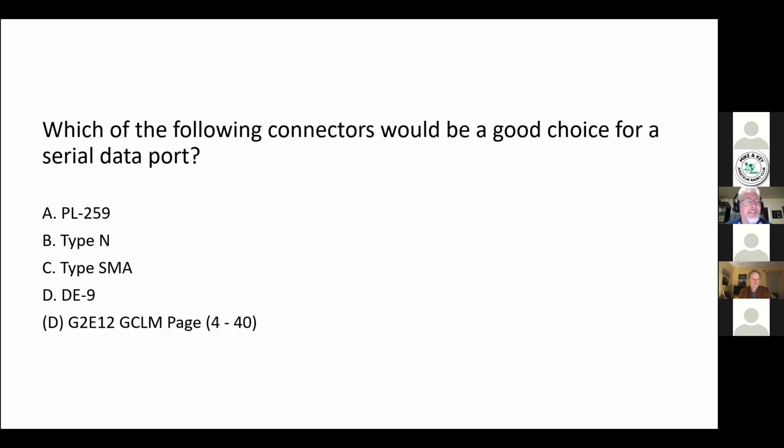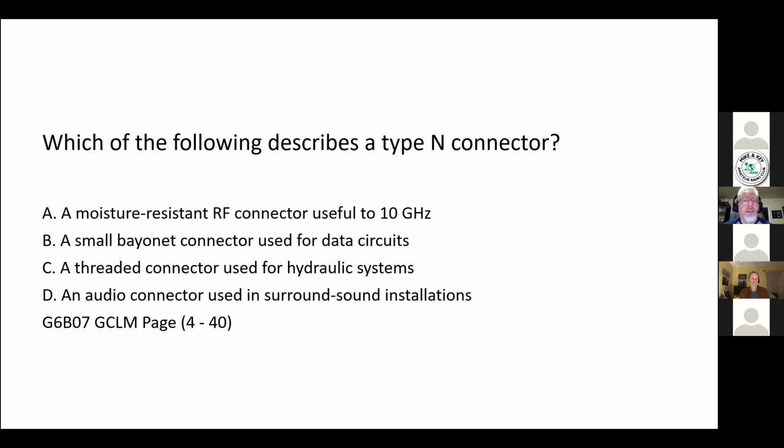Yeah, D, Delta Echo 9, which is also called a DB9. I questioned that one and I looked it up in the book and then I Googled it. I've never heard it called a DE9, but I don't know why that's in there, but it's been there for a long time. I've always called it a DB9.